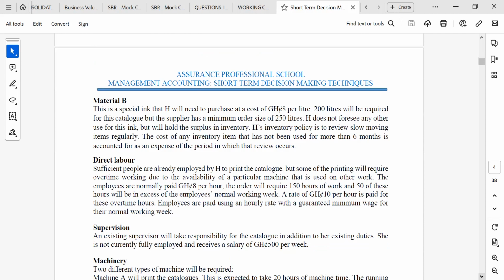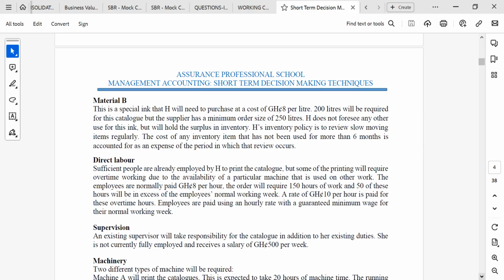The order will require 150 hours of work, and 50 of these hours will be in excess of the employee's normal working week. A rate of 10 cedi per hour is paid for these overtime hours. Employees are paid using an hourly rate with a guaranteed minimum wage for their normal working week.